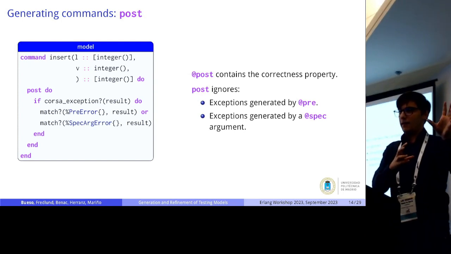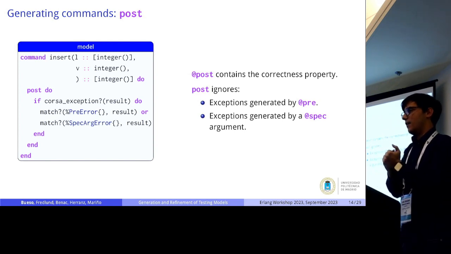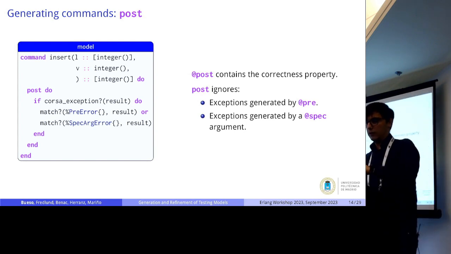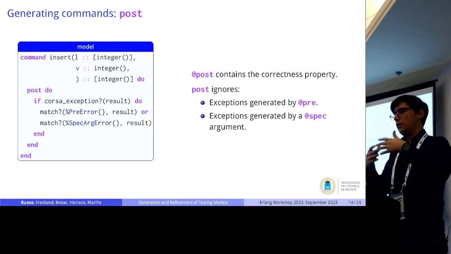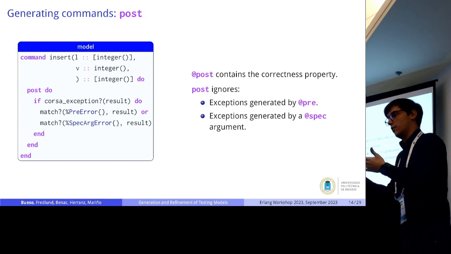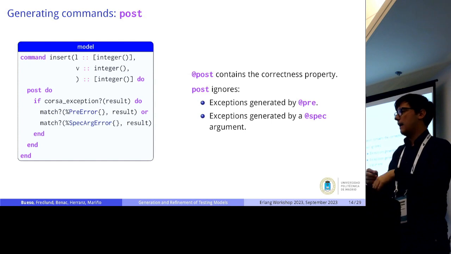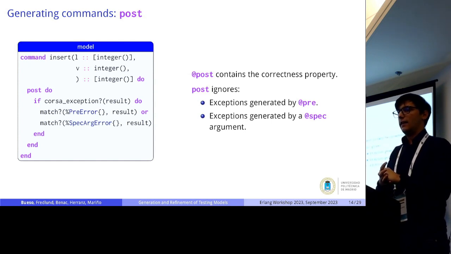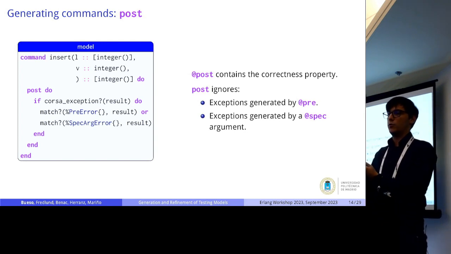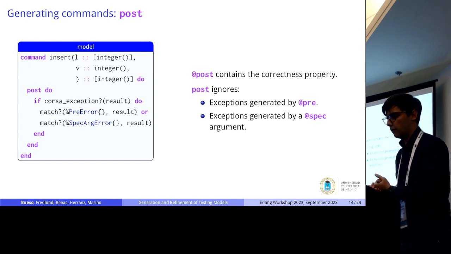As we are using contract annotations, the correctness property after executing the function is already encoded in the postcondition contract, so we don't have to do anything in our model. Our model just needs to throw an error when this postcondition fails, and ignore the results when the precondition or the specs throw some exception, because as we said, our generators are not good enough.